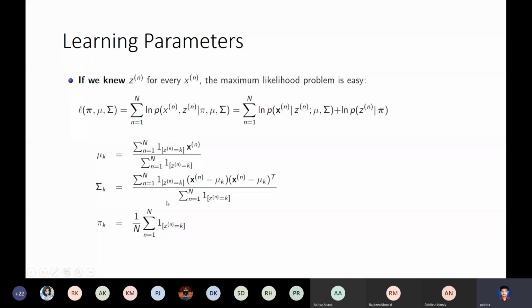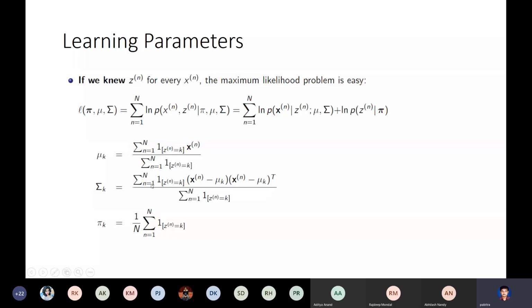For every point x, I know the Z values, the latent values. Then the log likelihood would be something like this. If you take the derivative and equate to 0, then mu is: I collect all the points which have Z equal to 1, add up their x values, divided by the total number of points for which Z equal to 1.